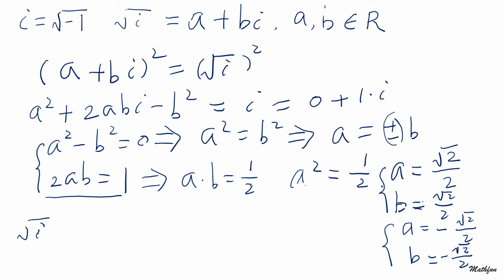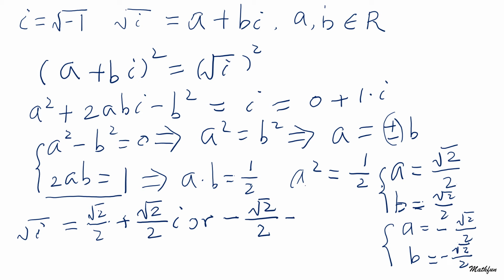It is either square root of 2 over 2 plus square root of 2 over 2 i, or negative square root of 2 over 2 minus square root of 2 over 2 i.